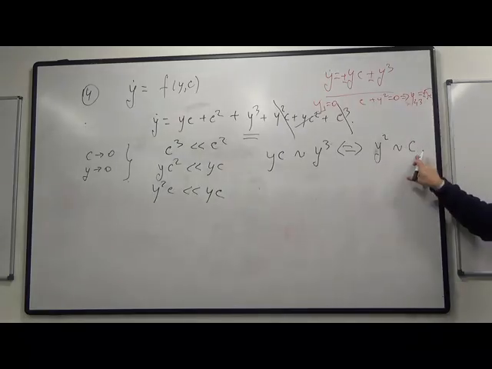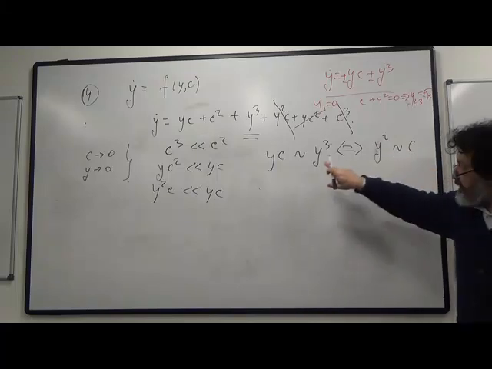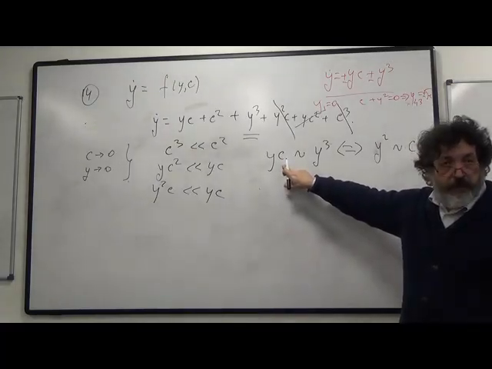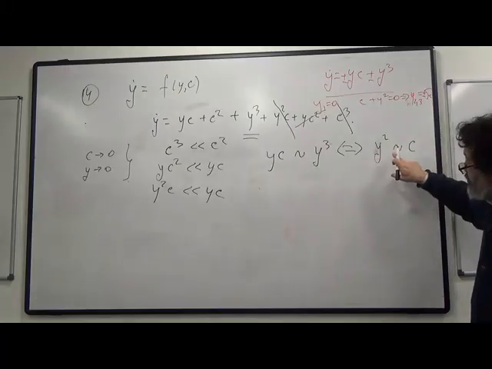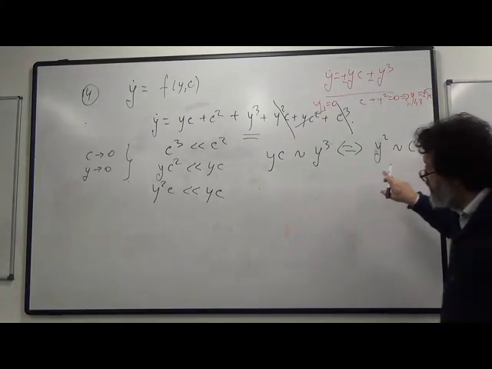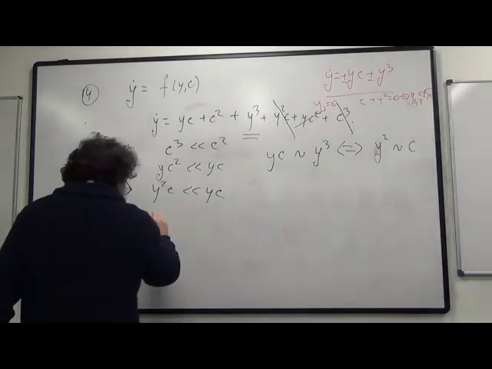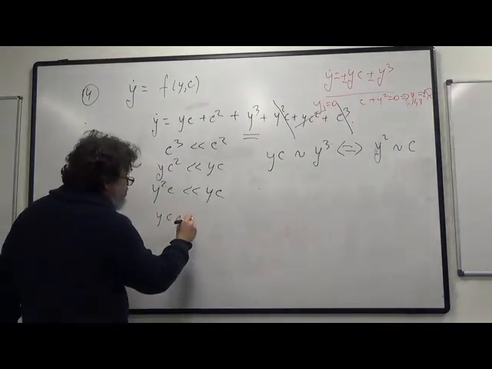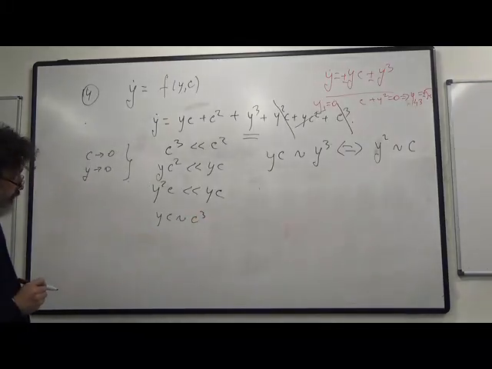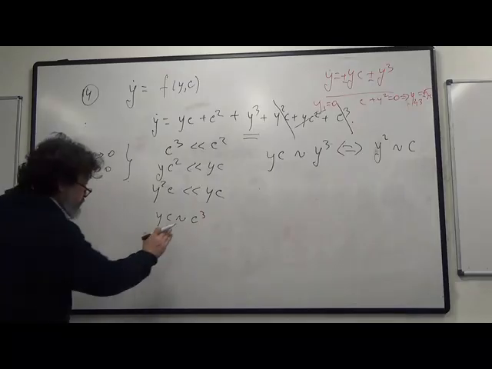You see, c tends to 0, y tends to 0, but if c is of order of y squared, then we replace c here by y squared and we'll have y cubed. Good? So what we got? We got that y squared is of order of c. If y squared is of order of c, then yc is of order of c cubed. No, other way around.